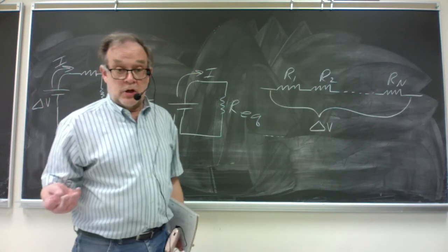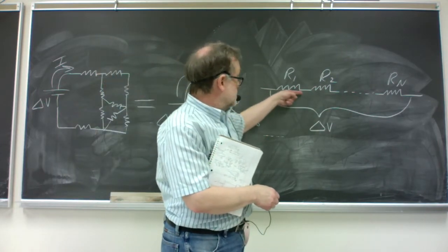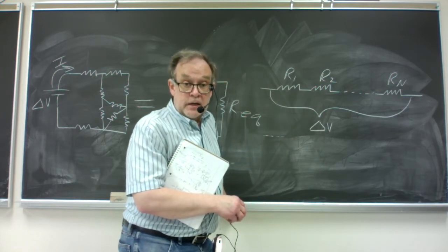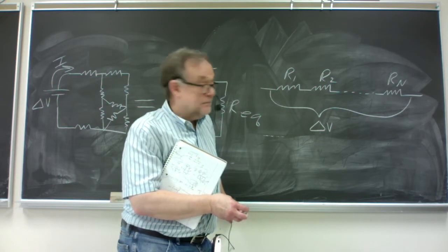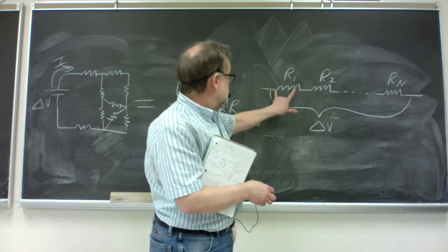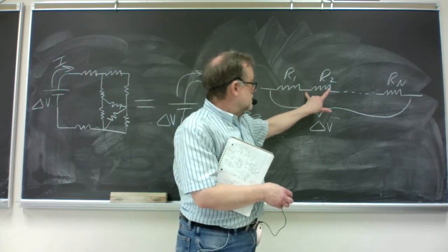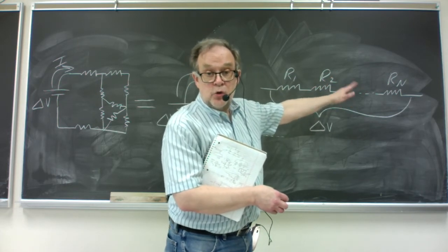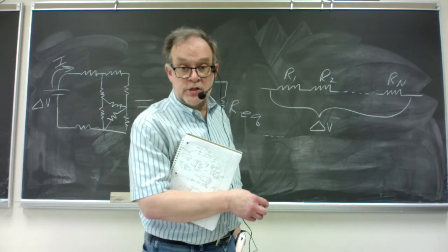Because as we saw a few minutes earlier, every time current moves from the entrance to the exit of one lump of resistance, it experiences a decrease in potential. So there's a decrease in potential from here to here, and then another decrease in potential from here to here, and again, decreases in potential as you go through all the other resistors up to n resistors.